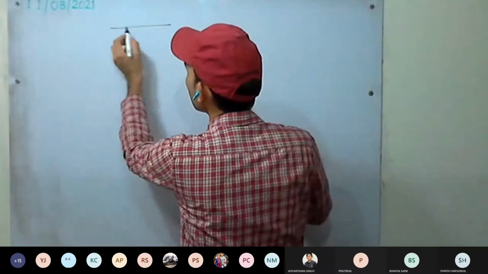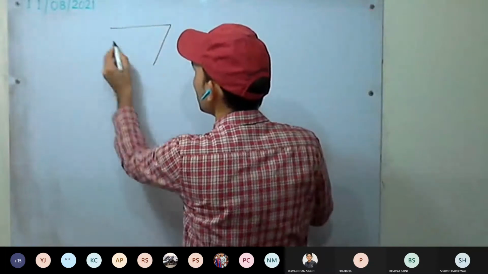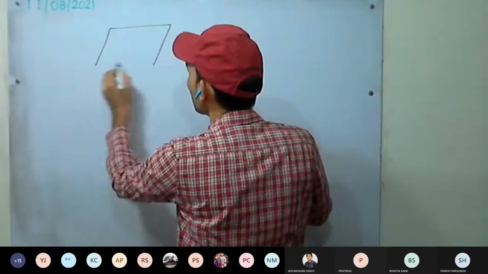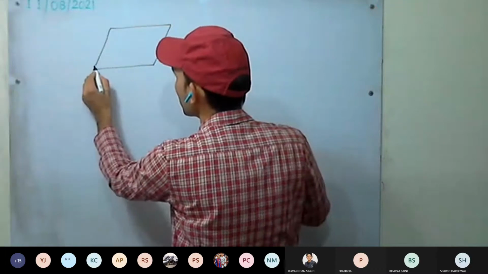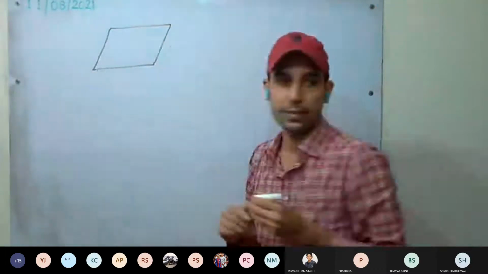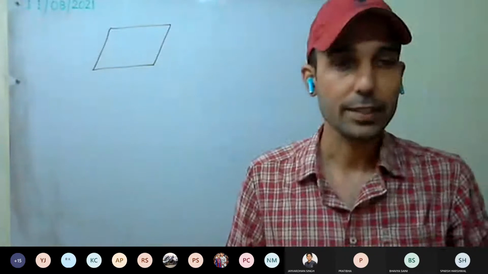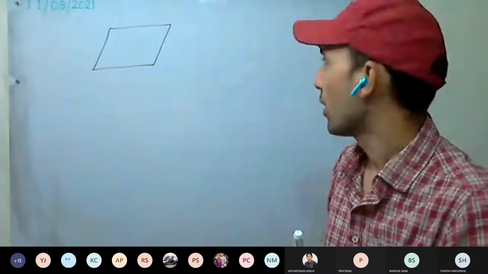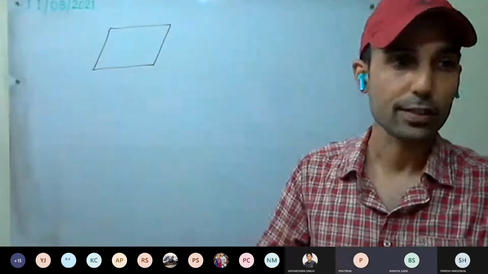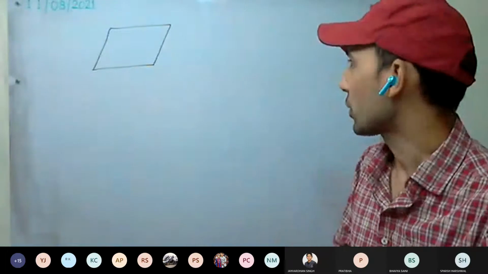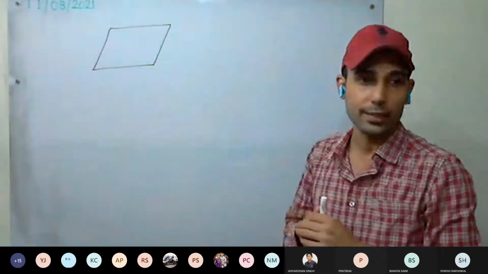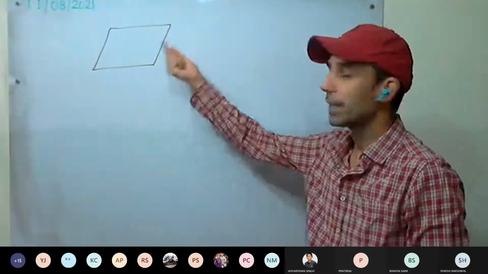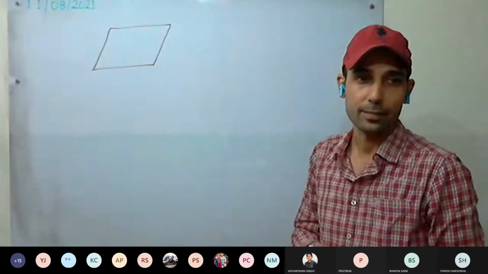So what do you mean by rhombus? What about the sides? Are all the sides equal or different? All the sides are equal and opposite sides are parallel.